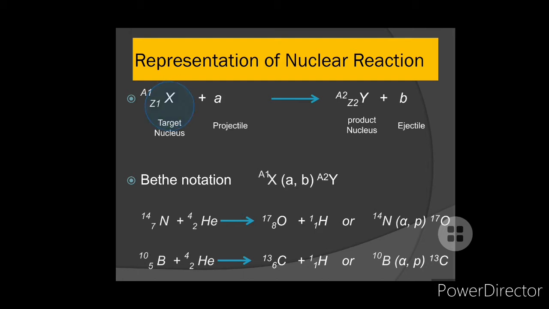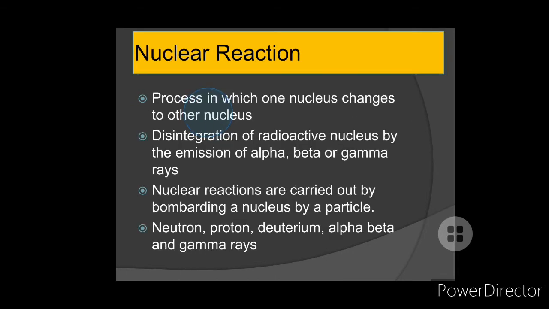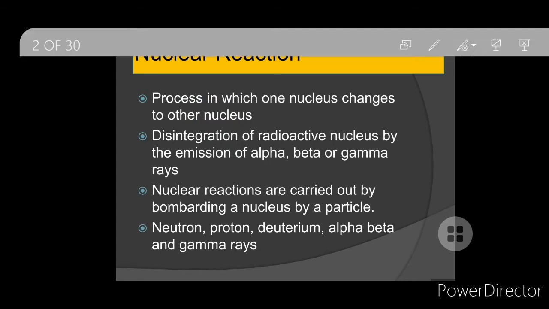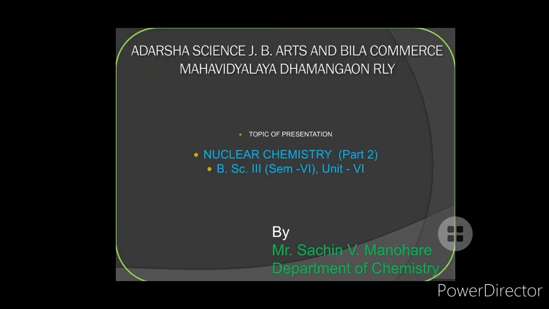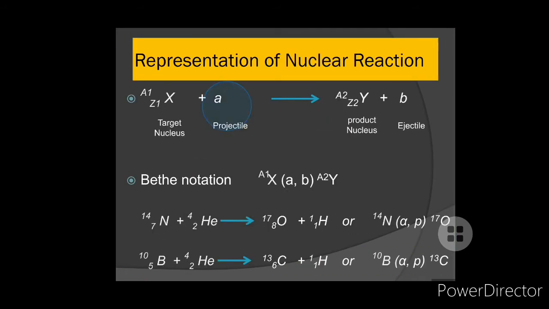Here X is the target nucleus and A is the projectile. Y is the product nucleus and B is the ejectile.